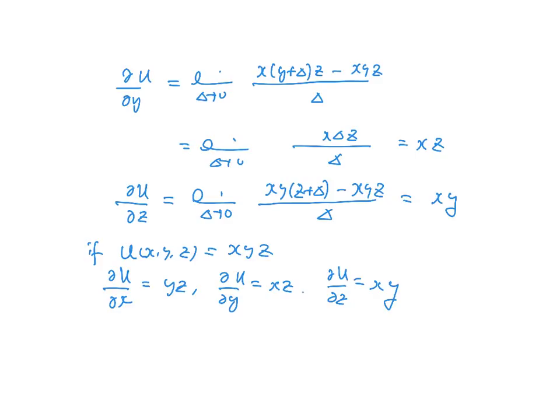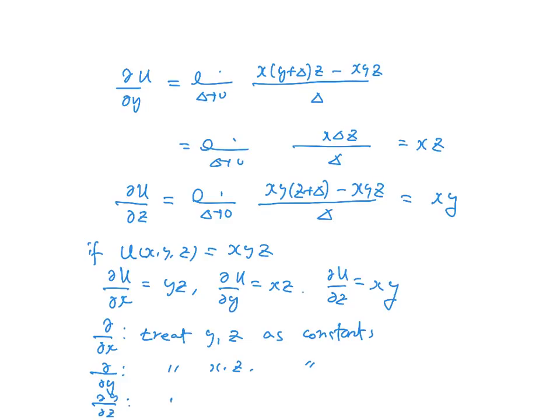So for example, partial x, treat yz as constant. Likewise, partial y, treat xz as constant. Partial z, treat xy as constant.